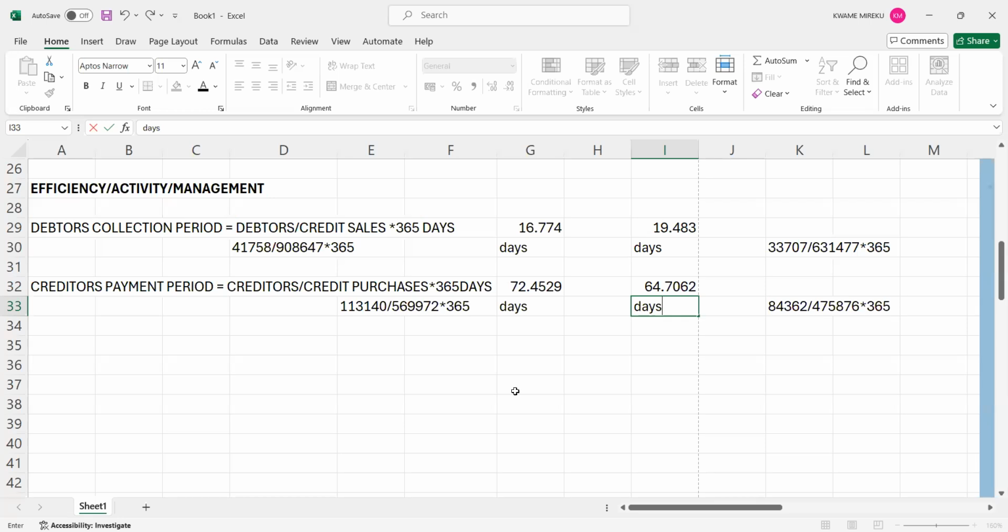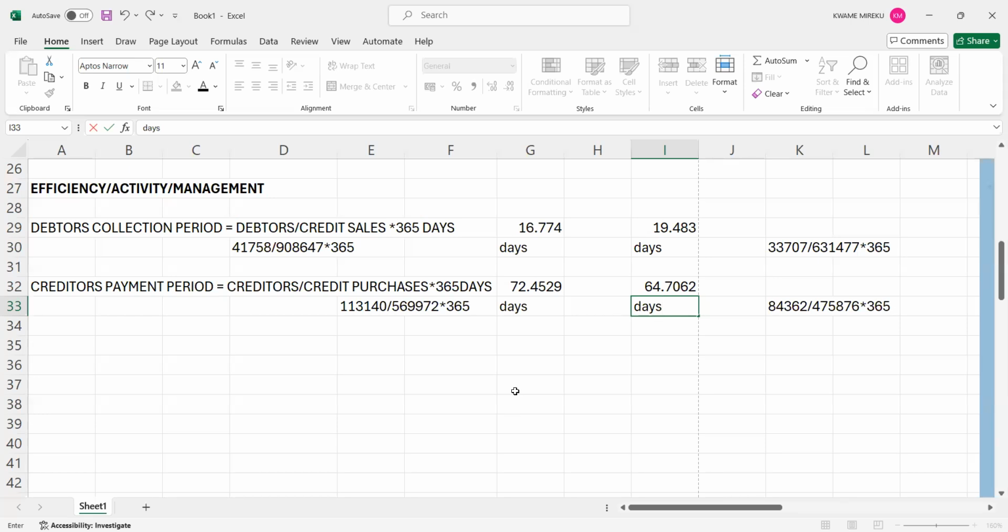But in the current year, they've been able to negotiate with the suppliers and they are paying their debt in 72 days, which means it's going to help them in their cash management because they will not be paying the debt early.